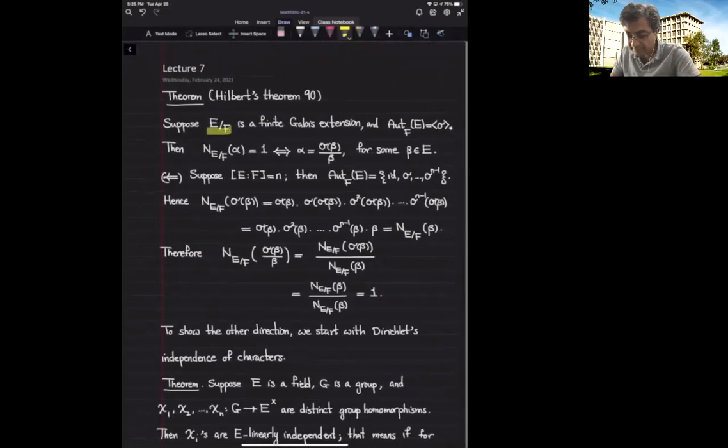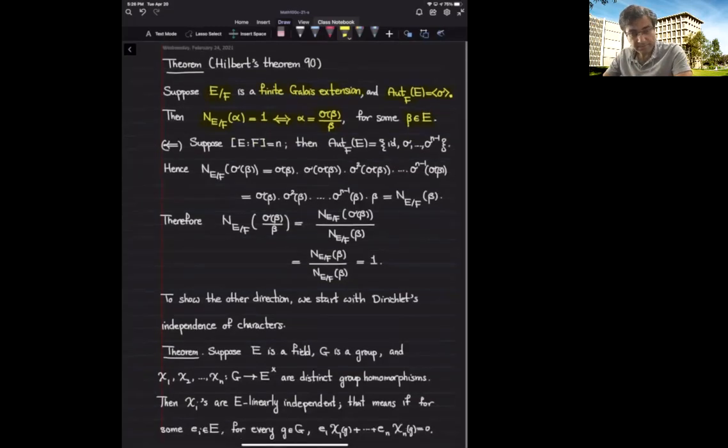So if E over F is a cyclic Galois extension, a finite Galois extension where the group of automorphisms is a cyclic group, let's say generated by sigma, then Hilbert's theorem 90 says alpha belongs to the kernel of this norm homomorphism if and only if alpha is of the form sigma of beta over beta for some beta inside E, where sigma is the generator of the group of F automorphisms of E. So the norm of an element is 1 if and only if it is of the form sigma of beta over beta for some beta.